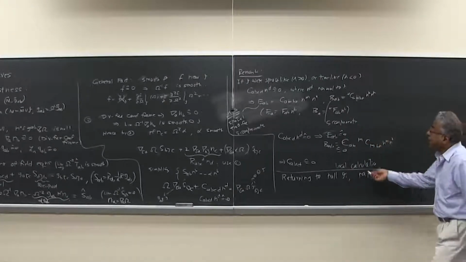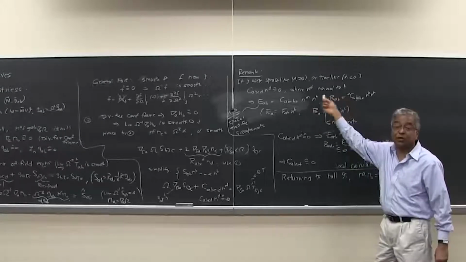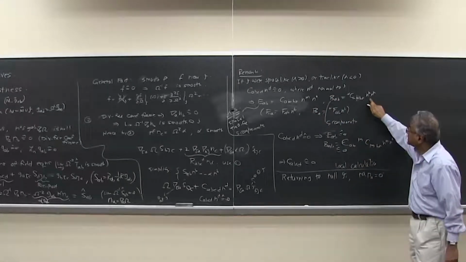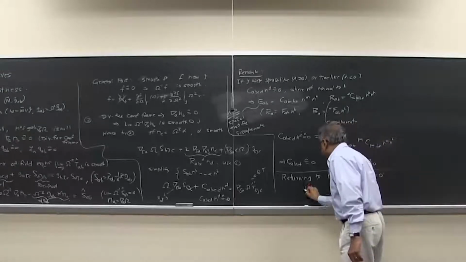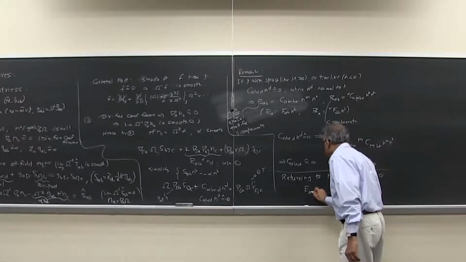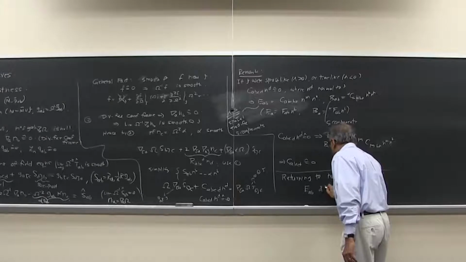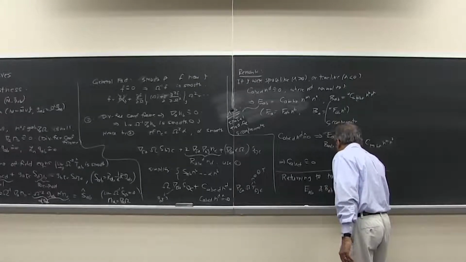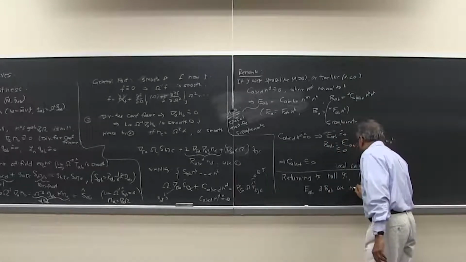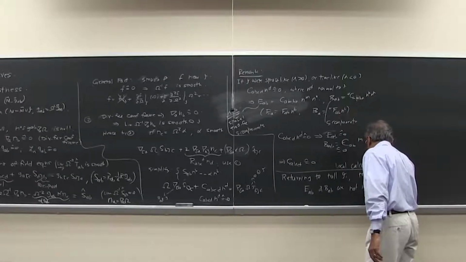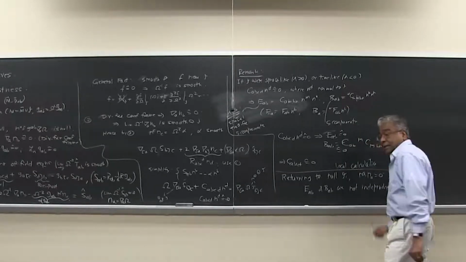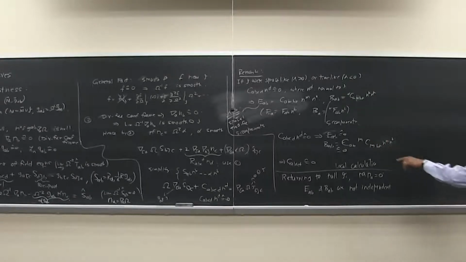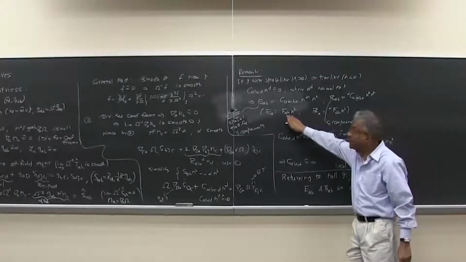in this case again you can define the electric and magnetic part in this particular way. But because this is null, it turns out that the electric and magnetic parts are not independent. They share some components. The same thing is actually true in the case of the Maxwell field.